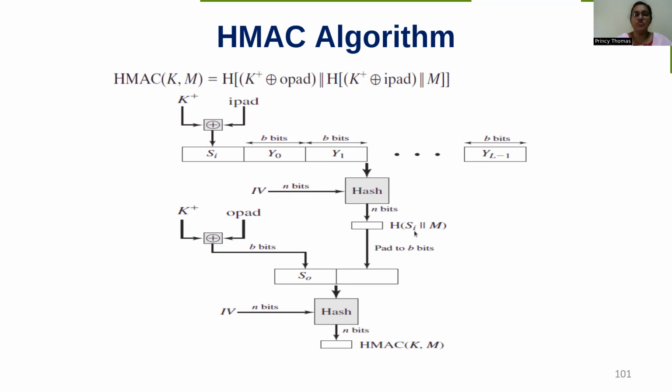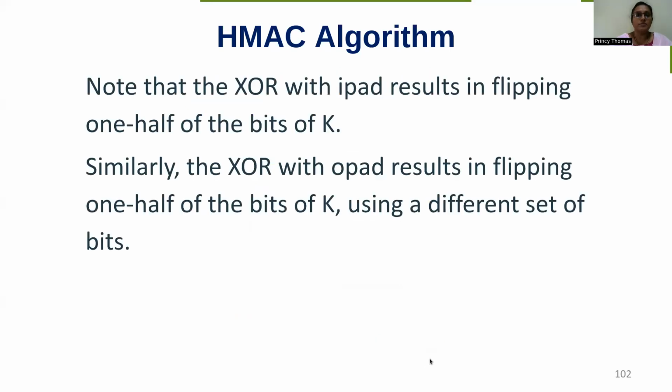So we have the hash of Si appended with M. The next step is K plus XORed with oPad, which gives a B-bit input So. This is appended with the previous hash value and this whole message is once again hashed. This is the final hash value, HMAC K, M. Did you get that? That is what we saw in the 7 steps earlier.